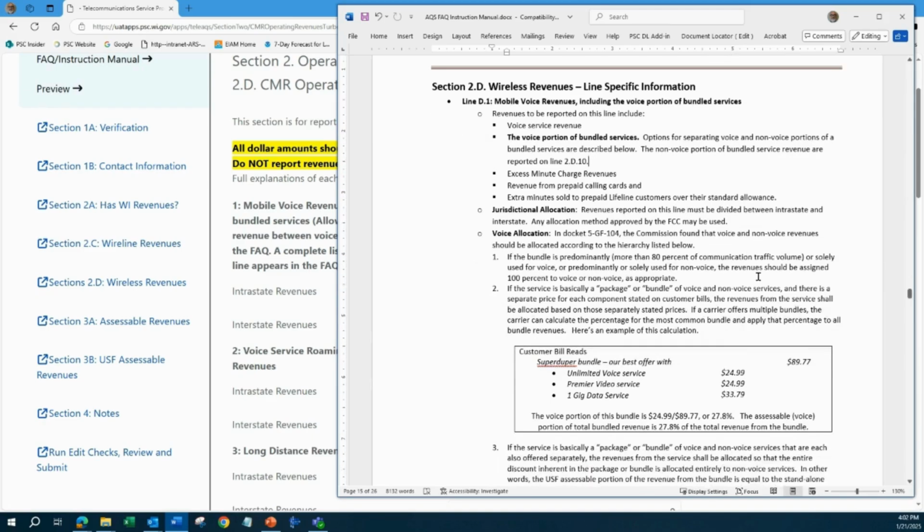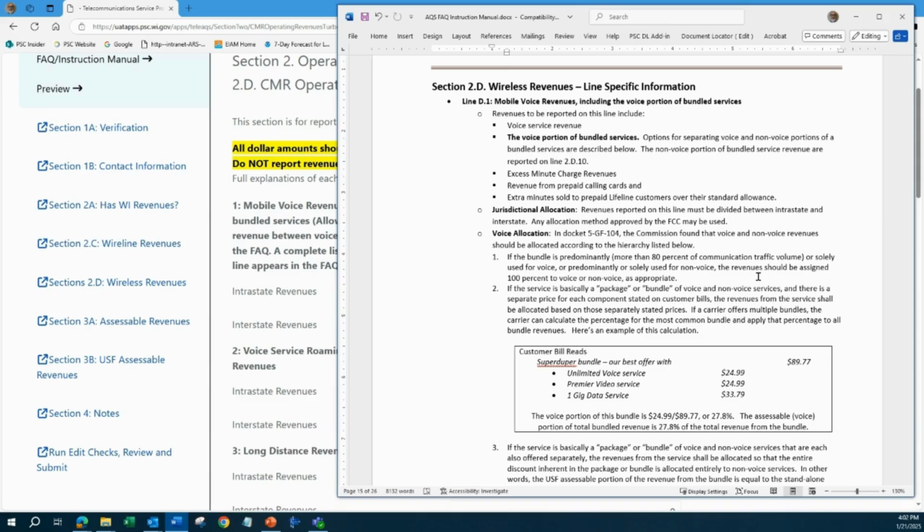The voice allocation, the commission has been more specific about, and they said that you had to follow the following hierarchy. So if number one applies, use that. If not, then there's a number 2, number 3, and number 4.